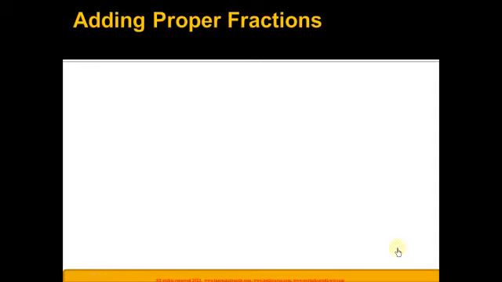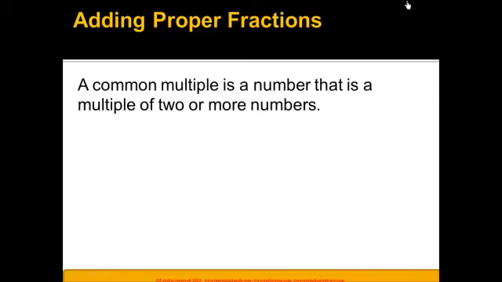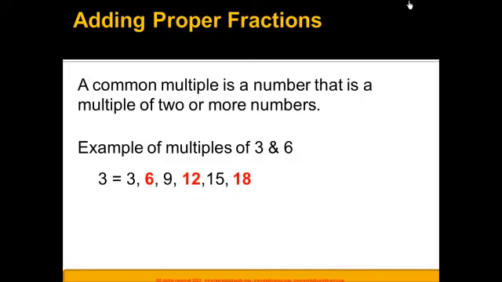Let's take a closer look at common multiples. A common multiple is a number that is a multiple of two or more numbers. We are going to look at the examples of 3 and 6 and find multiples of 3 and 6. So let's start with 3, and the first 6 multiples of 3 are 3, 6, 9, 12, 15, and 18.